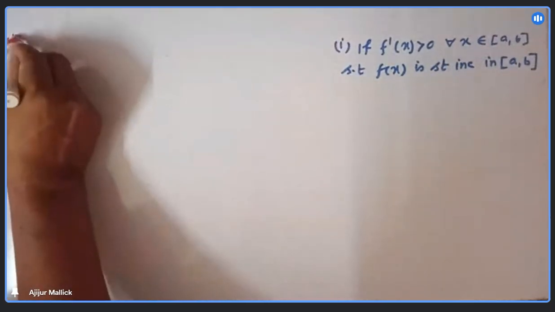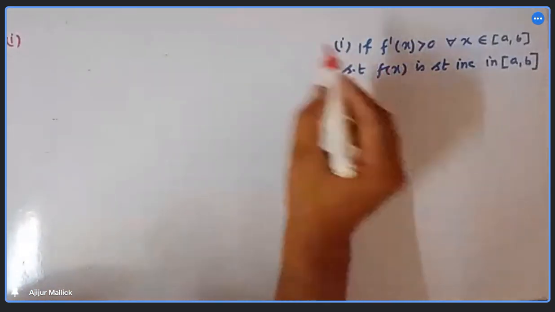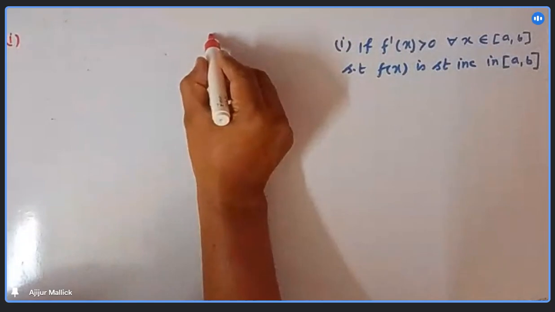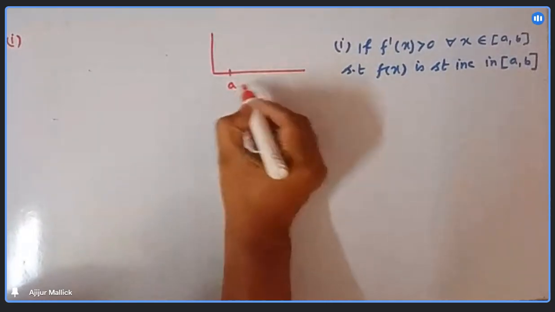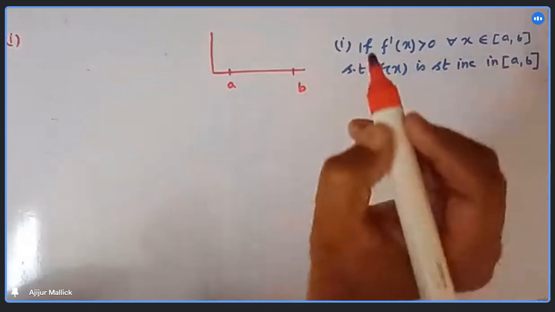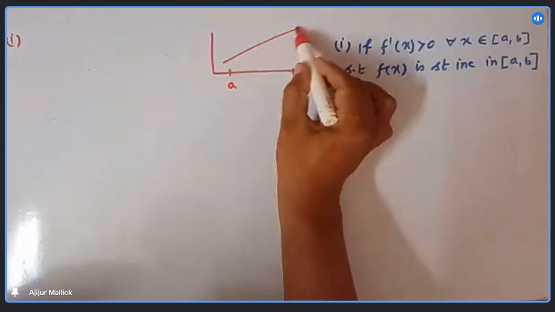Look, how can I show that f x is strictly increasing? Suppose this is a and this point is b. If f x is increasing, the graph will be this type.